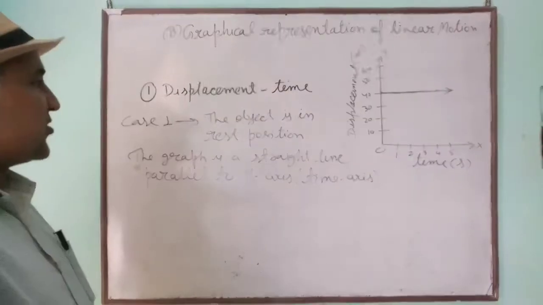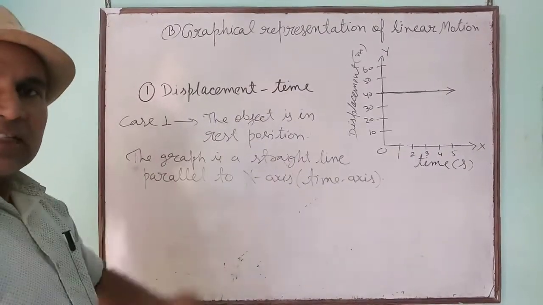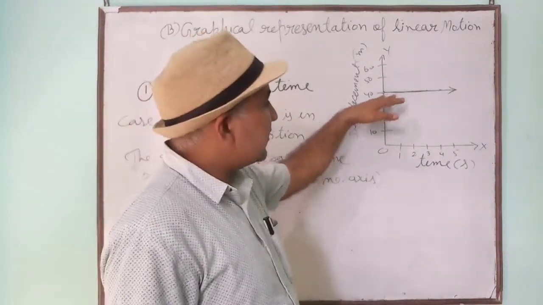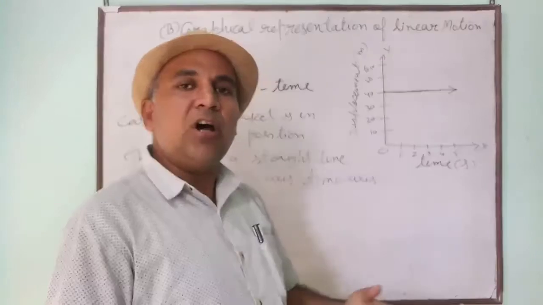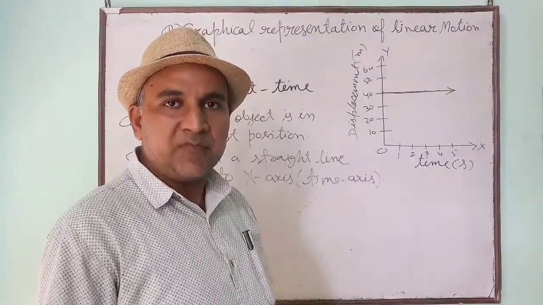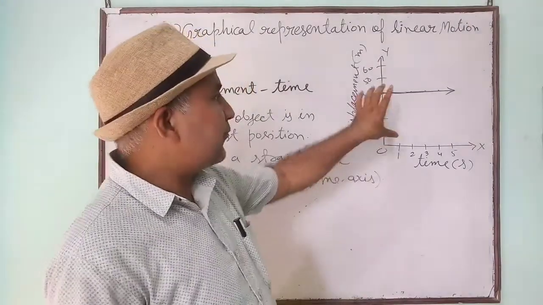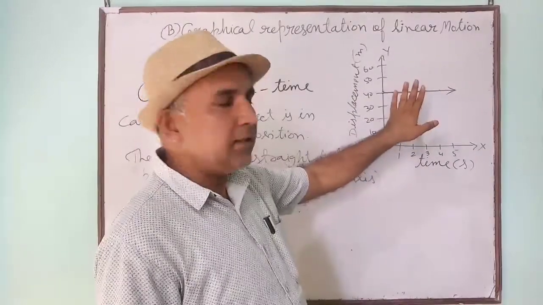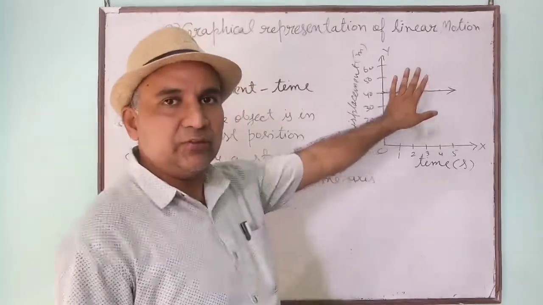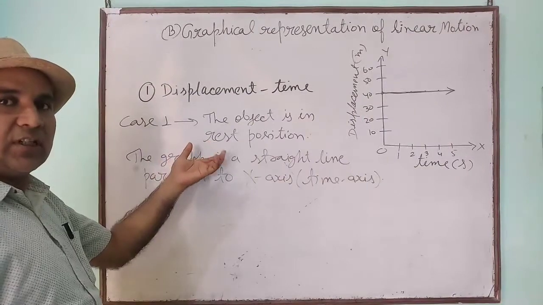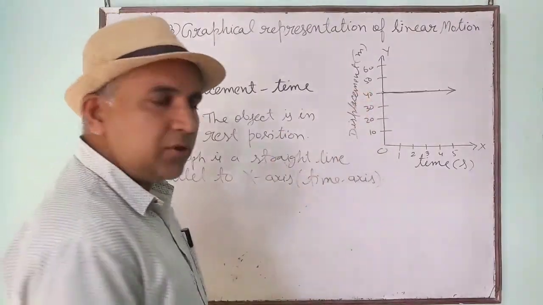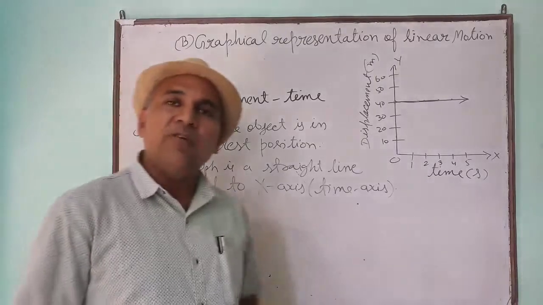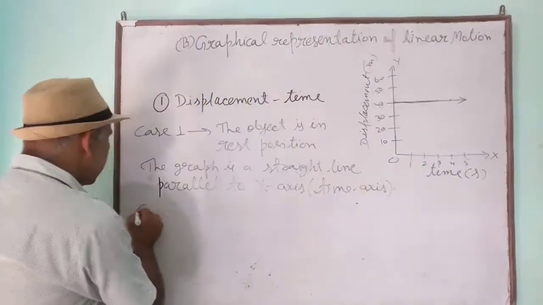Understood? This is the first graph. What is the conclusion here? If the graph is parallel to the x-axis, we can say that the object is in the rest position. After watching the graph, you can say that the object is in the rest position. If object is in the rest position and you are drawing the graph, then you will get such type of graph. Understood? Now we are going to start second case.